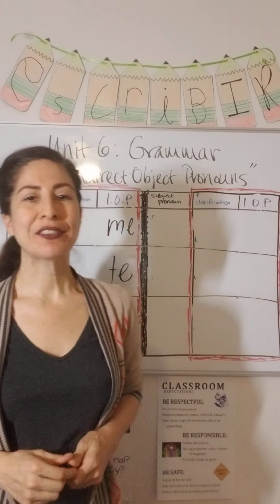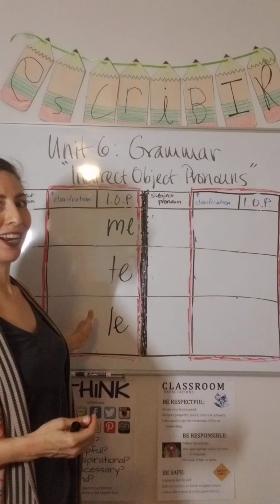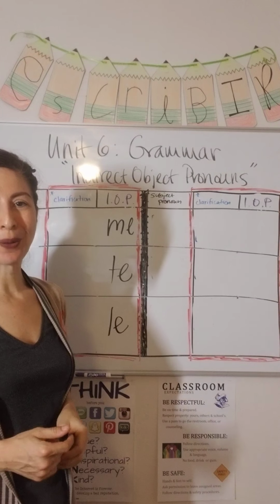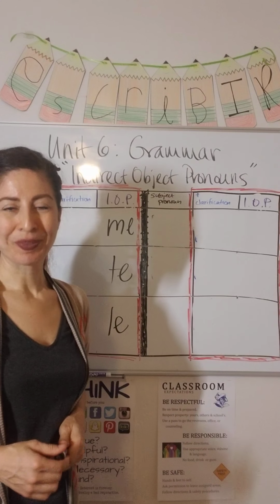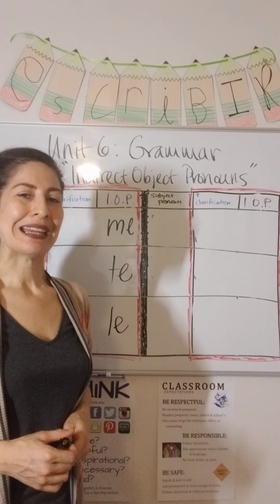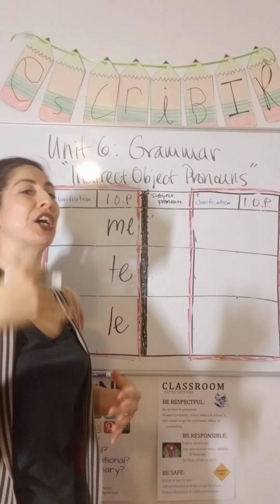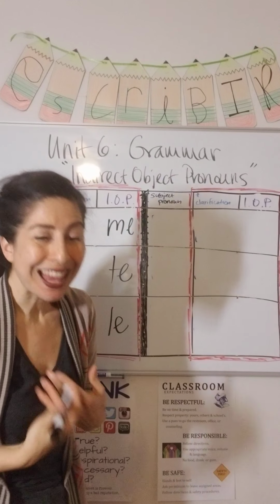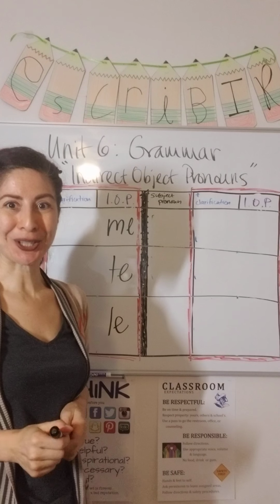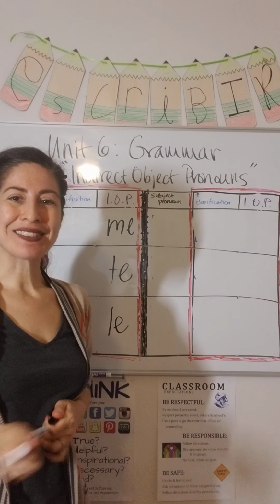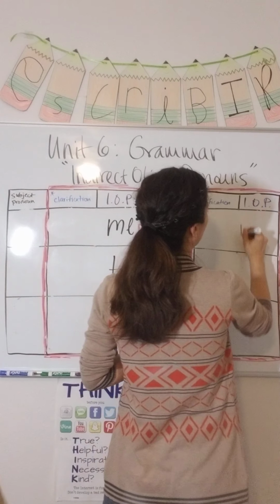Now, if instead of the singular indirect object pronouns, what we have are plural object pronouns, then the idea is, for example, the football is coming in the air and the group of us catches the ball. So when I say us, I am included. Then that indirect object pronoun is going to be nos.